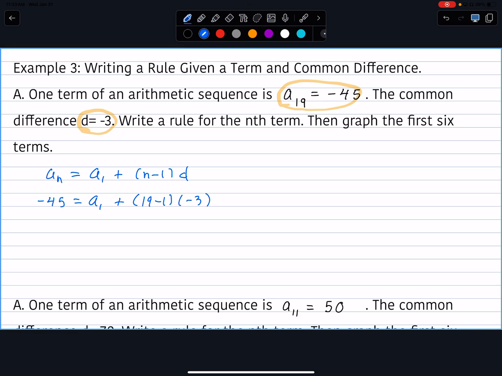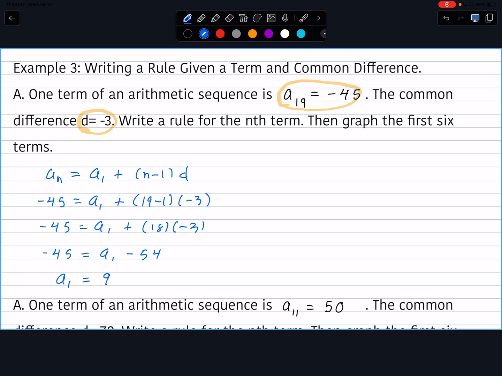So notice from here, this is something I should be able to solve for the first term. So I get negative 45 equals the first term plus 18 times negative 3. So negative 45 equals the first term minus 54. So it looks like the first term is 9.